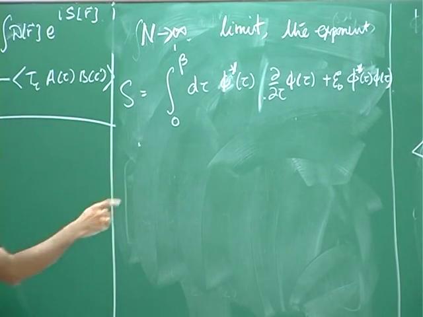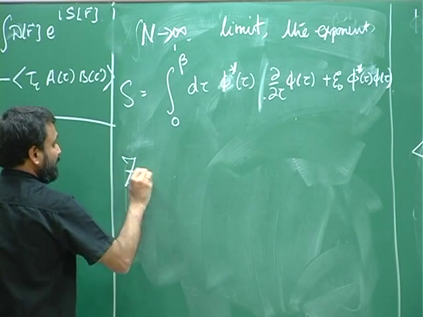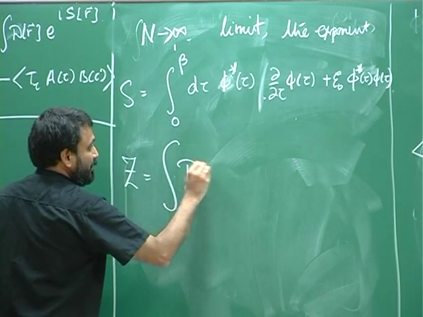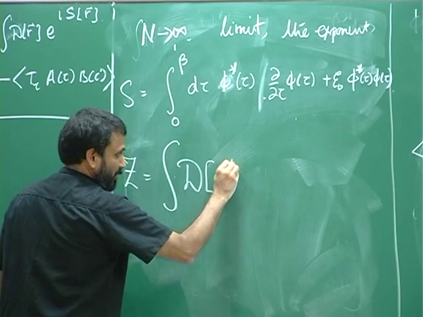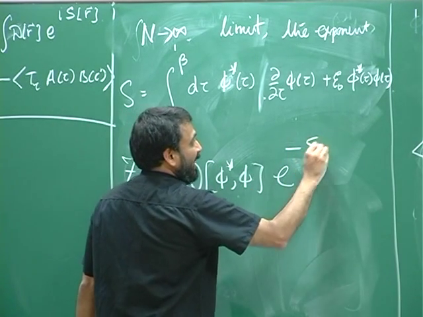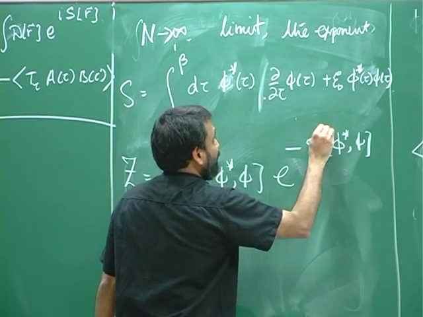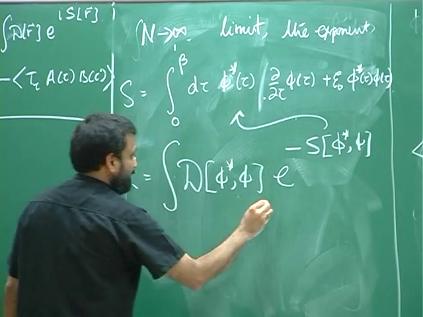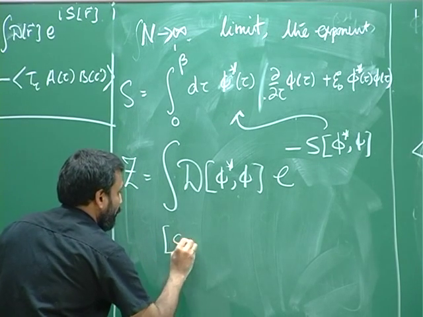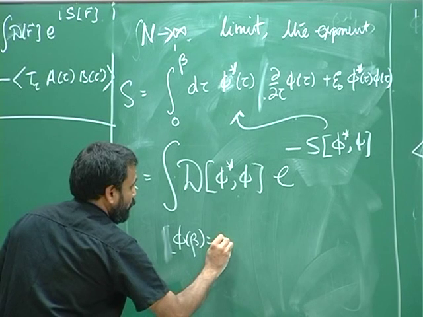And the condition is that these paths, so the partition function itself will be an integral over all these paths. We'll just symbolically denote the measure of integration like this, e to the minus S functional of these, which is what I've defined here. And this is defined on all paths which satisfy the following condition: phi of beta is equal to minus phi of 0.